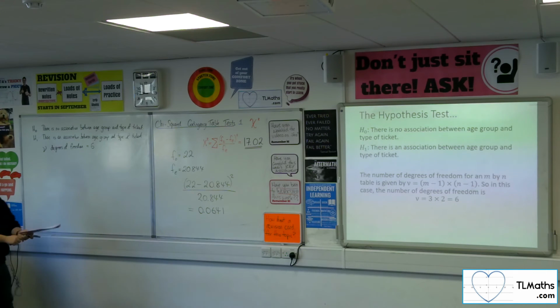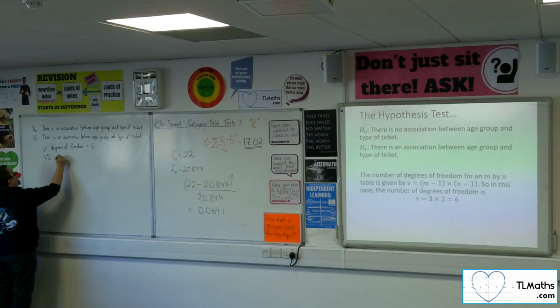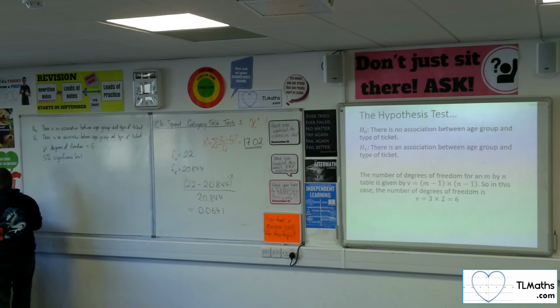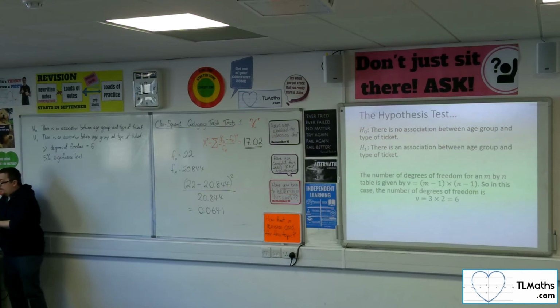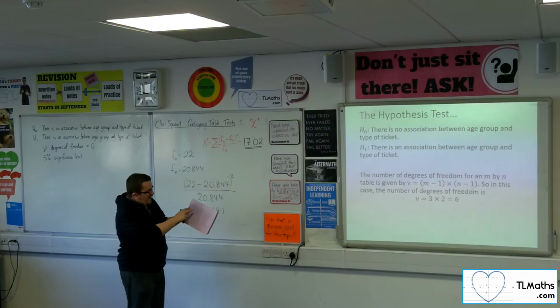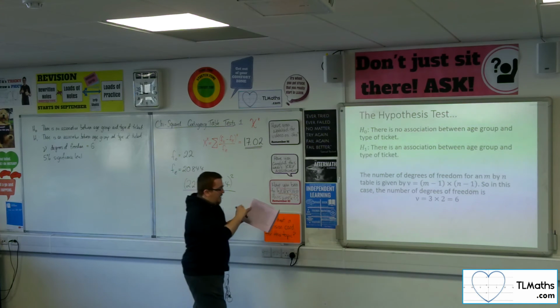So if we were sticking at a 5% significance level, just as a bog standard, you will never need to look at the p-values that are 99, 97.5, 95 and 90, okay?